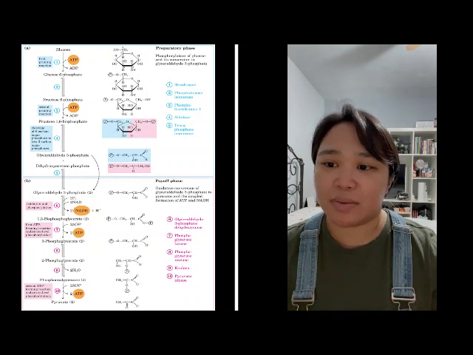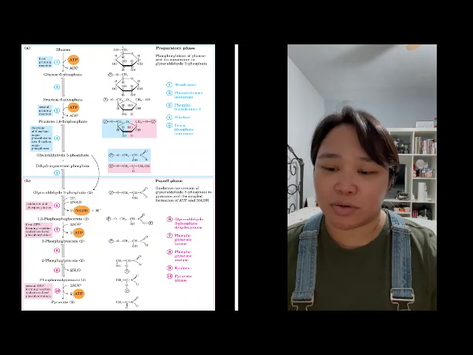Third, the enzyme phosphofructokinase, with the help of another molecule of ATP, catalyzes the phosphorylation of fructose 6-phosphate into fructose 1,6-biphosphate. Fourth, an enzyme called aldolase splits fructose 1,6-biphosphate into 2 3-carbon isomers, which are dihydroxyacetone phosphate and glyceraldehyde 3-phosphate.